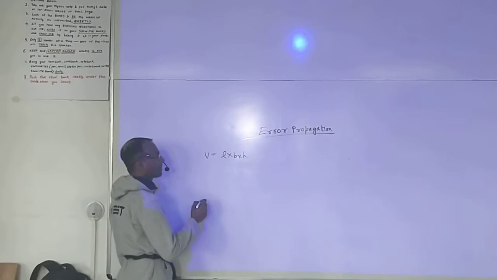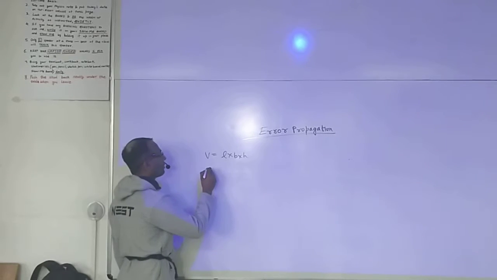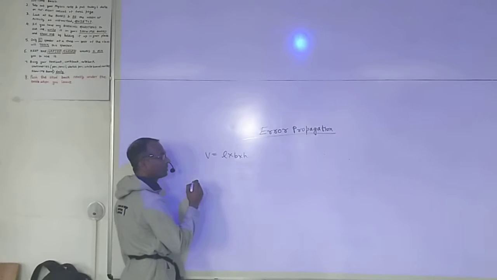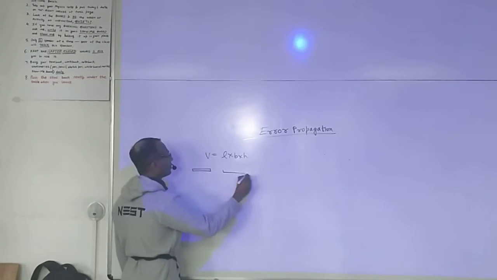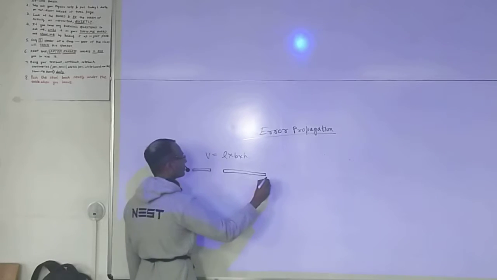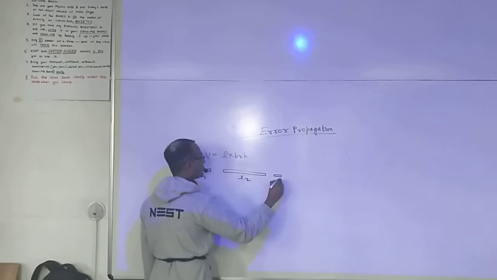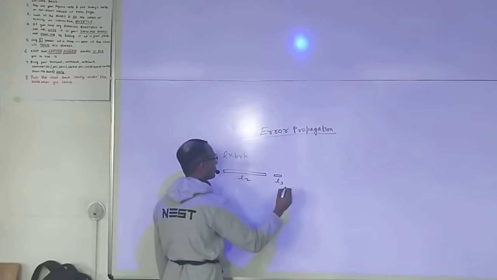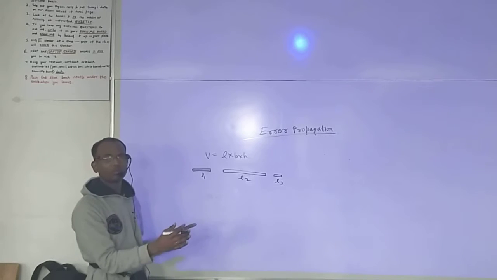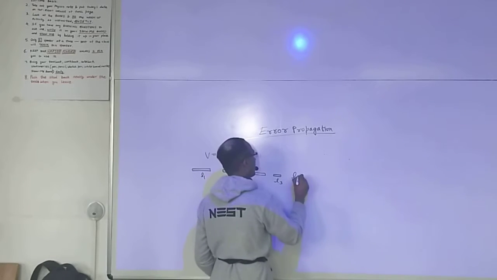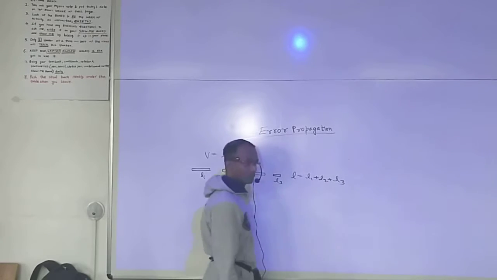And let us say you have another quantity where you measure the length of 3 different rods, L1, L2, L3. If you stack them together one after another, what would be the new length? Then you get L equals L1 plus L2 plus L3.